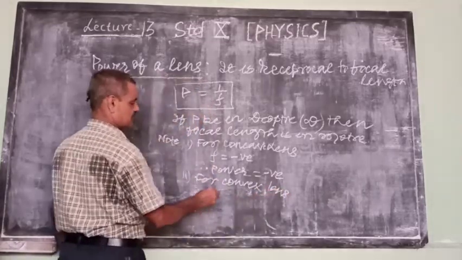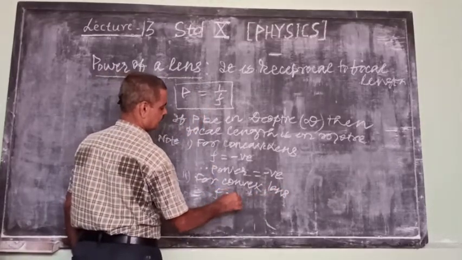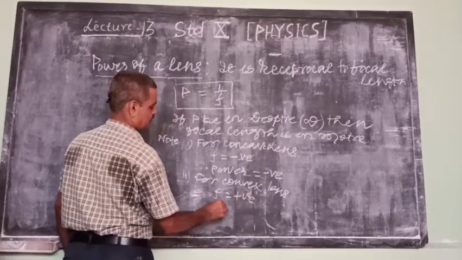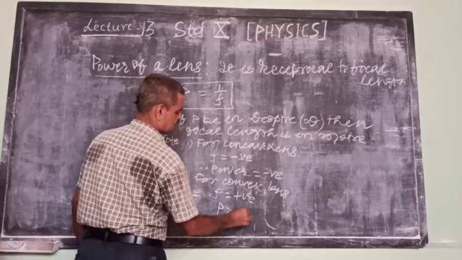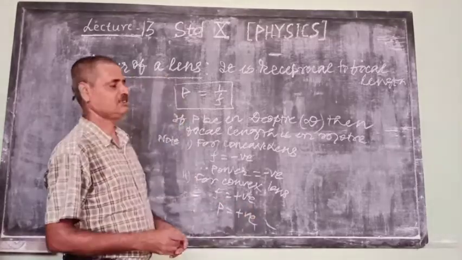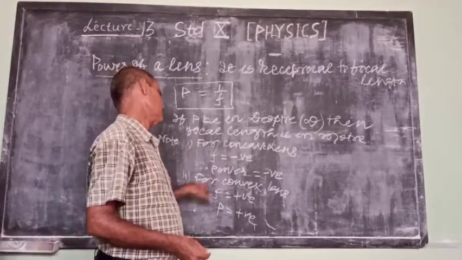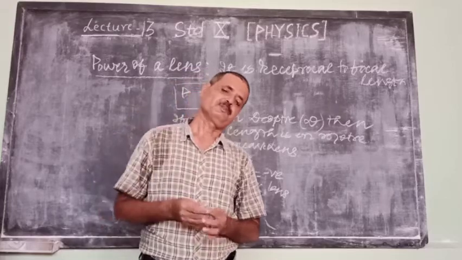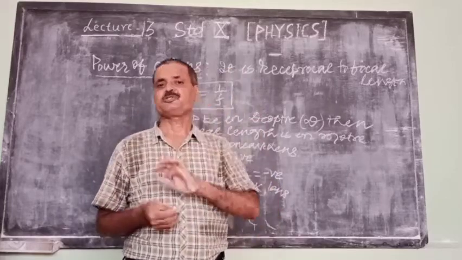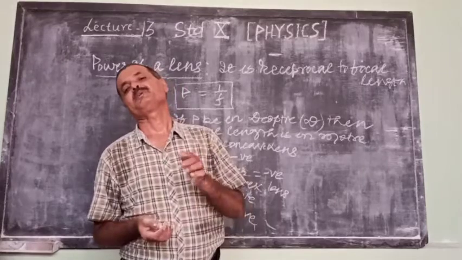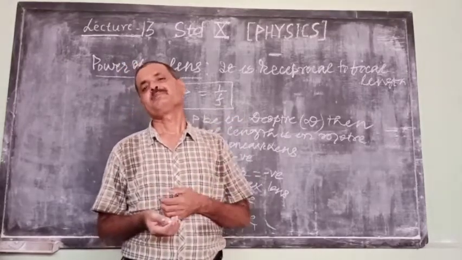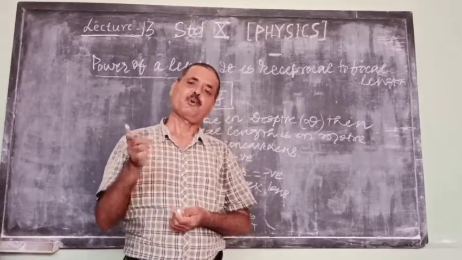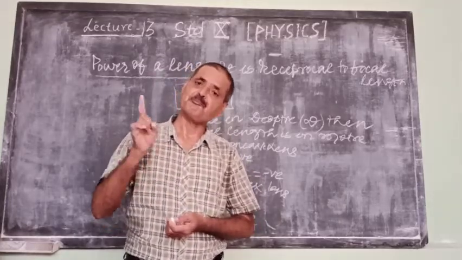In case of a convex lens, f will be positive. Therefore, the power of the lens will always be positive. These are the two cases, and we can confirm: if the power is negative, then the lens used is concave, and if the power is positive, it is convex. Power is always denoted in diopter, but focal length should be in meter.